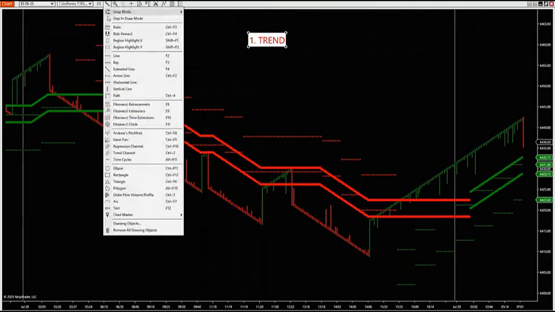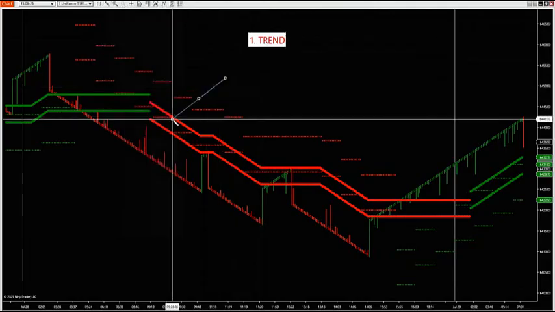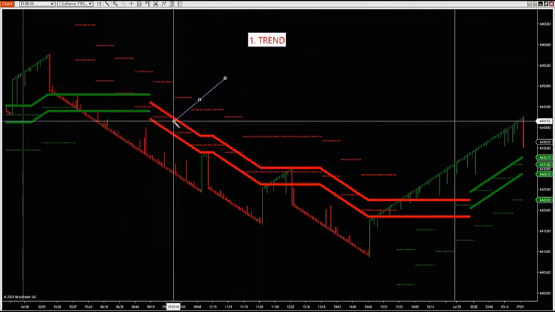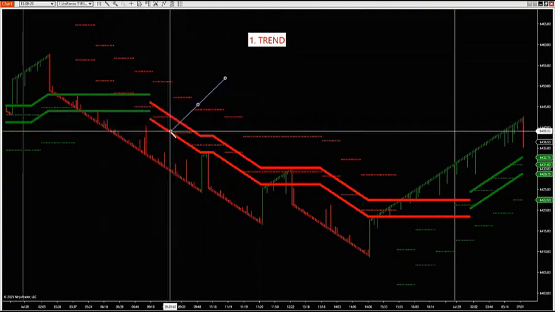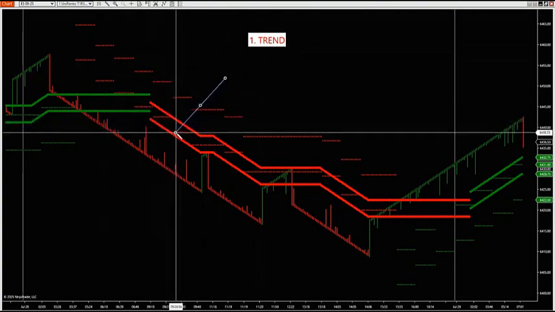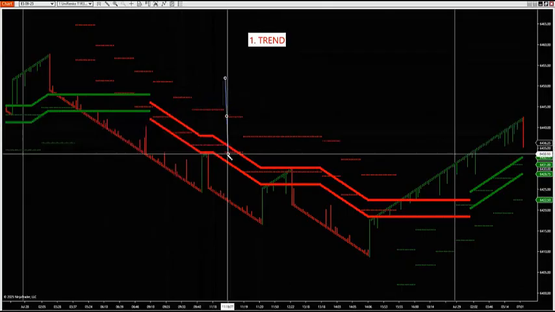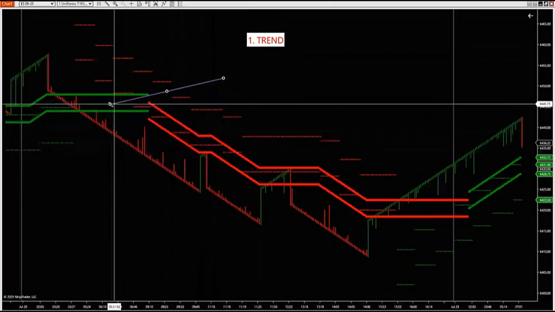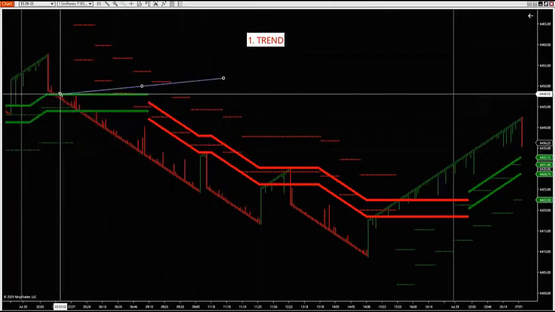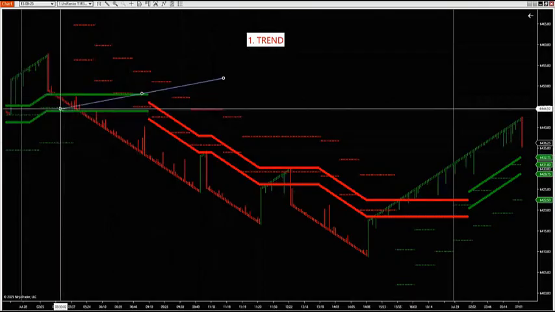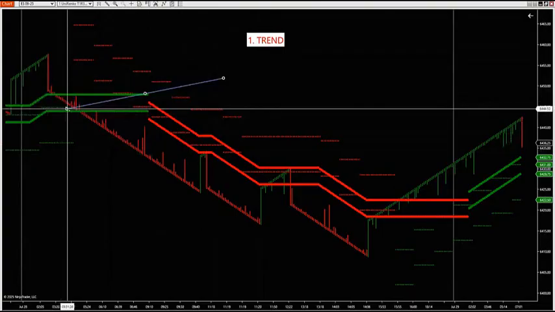So the trend is very simple. The trend for us will be based upon these parallel lines. If they are red, this is a red sell zone. If it's red, we're shorting only. If it's green, our trend filter, then we're going to buy only. This is backtested 30 plus years as the best zone to reverse price on the S&P.